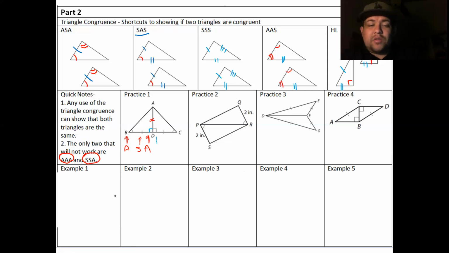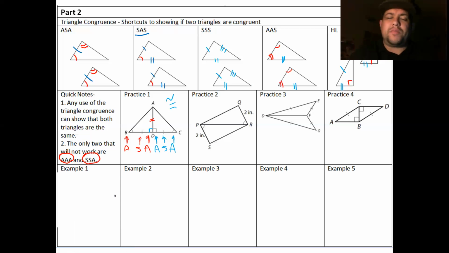So I have an angle, side, angle. In that case, because we have one of those types of congruence, we can say that those are congruent. So I'm going to say yes to that. We're good. Okay. That's how you guys want to do these. Just put in all the information you know, and then add what you can. Unless it's there, you cannot.